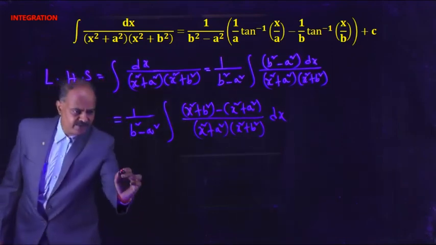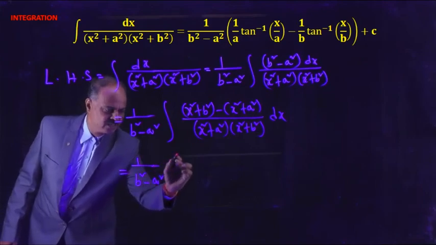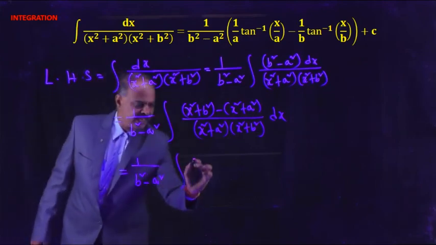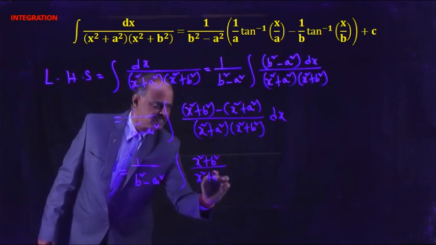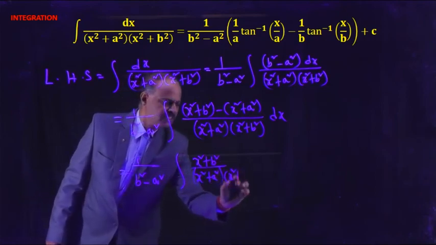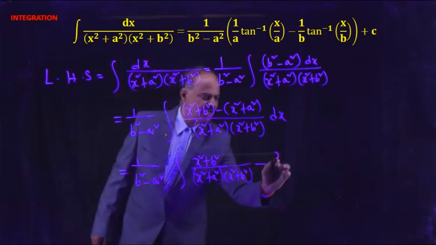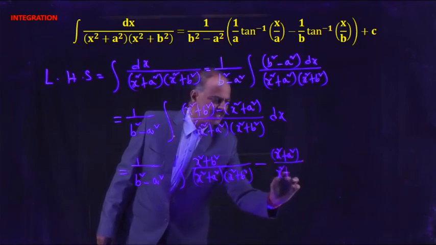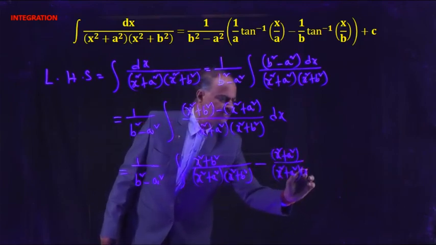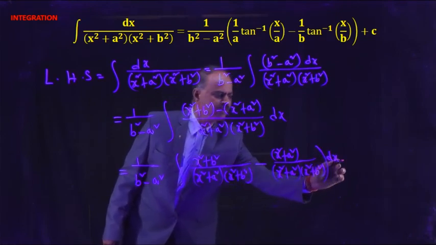Now this can be written as 1 by (b square minus a square) into integral (x square plus b square) by (x square plus a square) into (x square plus b square) minus (x square plus a square) by (x square plus a square) into (x square plus b square) into dx.